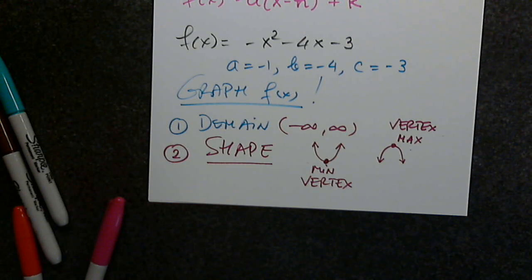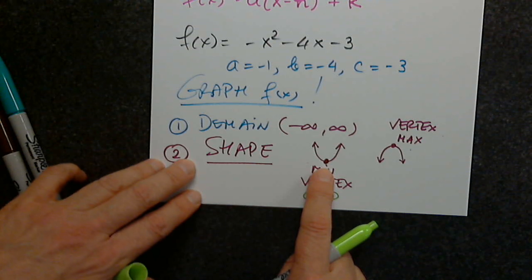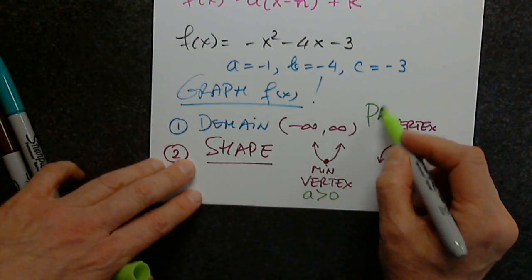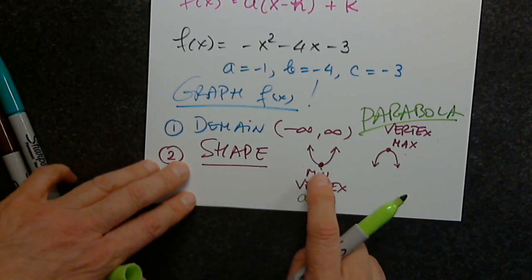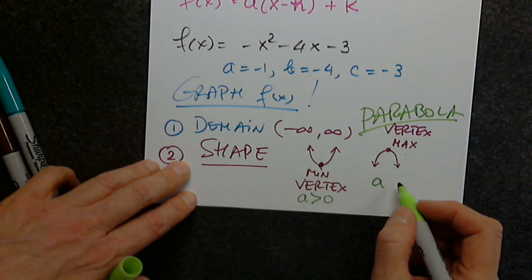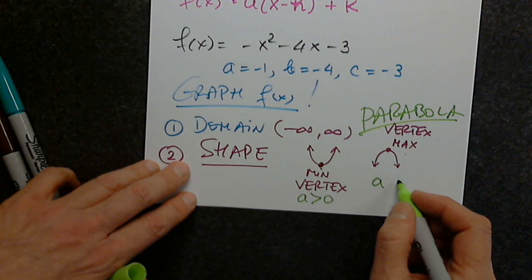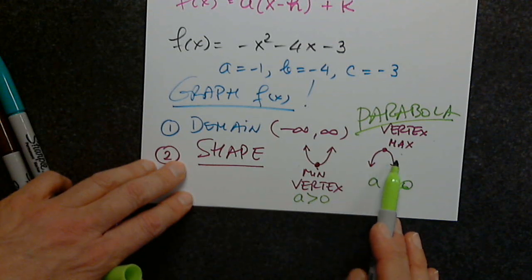Do you remember we graphed x squared many times? What was the leading coefficient of x squared? Positive, right? Good. So when the leading coefficient is positive, the quadratic function or the parabola, the graph of a quadratic function is called parabola, opens upward. When the leading coefficient is negative, very good, the quadratic function or the parabola opens downward.